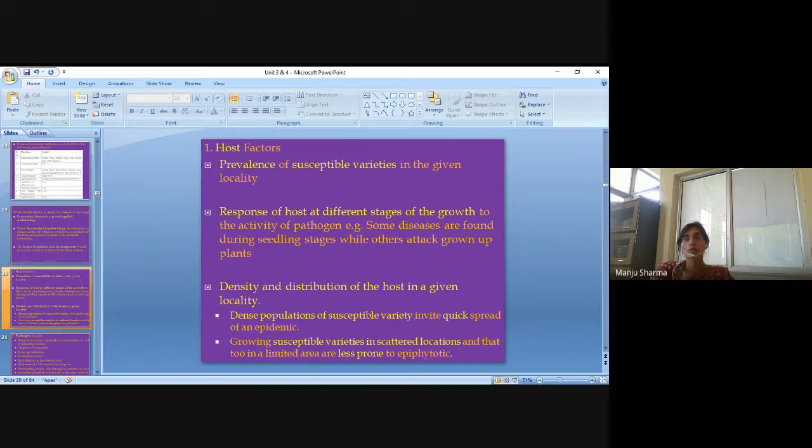For example, some diseases are found during the seedling stage, while others attack later.